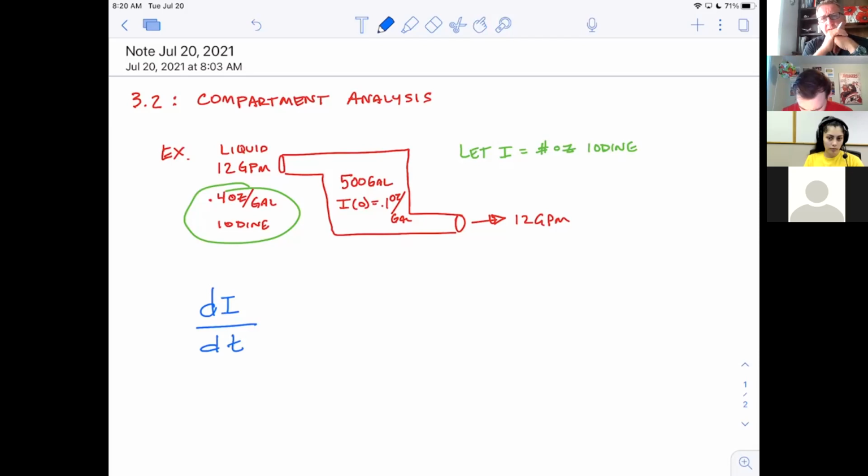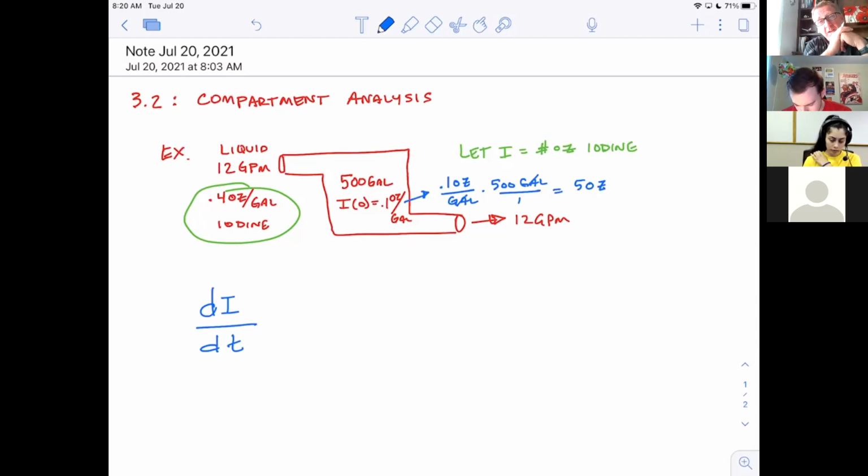So let's just make a note about this. Unit analysis is a really interesting part of all this, but if it's 0.1 ounces per gallon, and I multiply that by 500 gallons, which by definition is over 1, then notice the gallons cancel and I get 50 ounces.